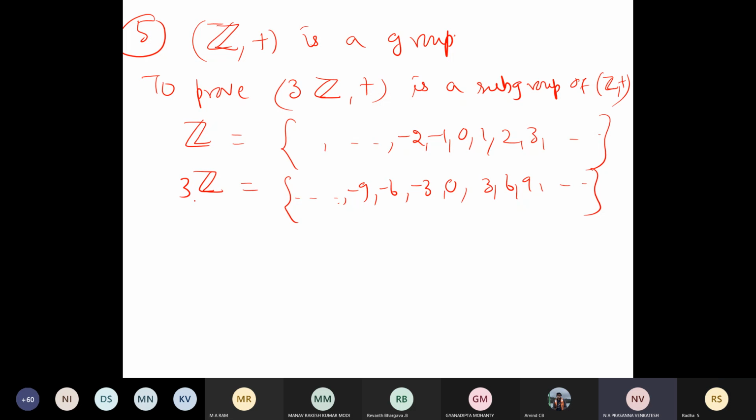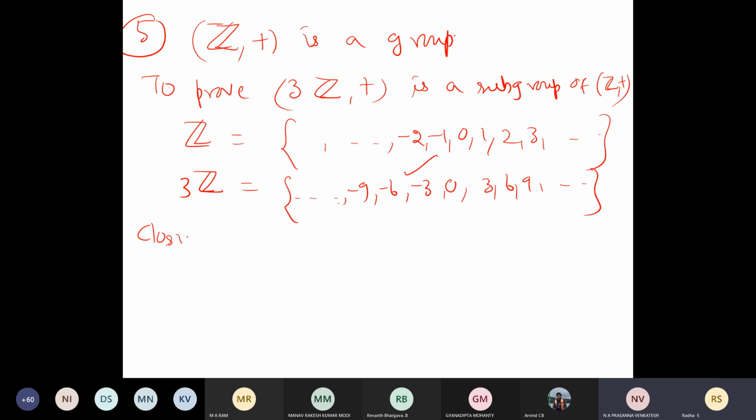How is that possible? How to prove? So here you cannot go for a Cayley table and all. The Cayley table is only for finite groups. If you start filling the Cayley table, you have to go on filling, it will never end, right? So how do you prove this?